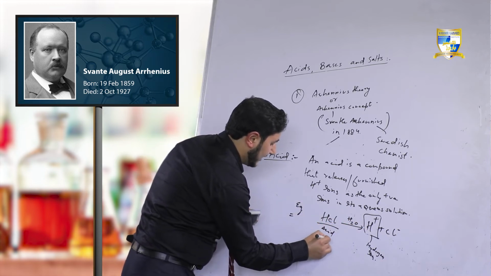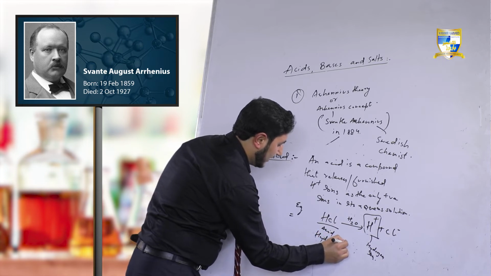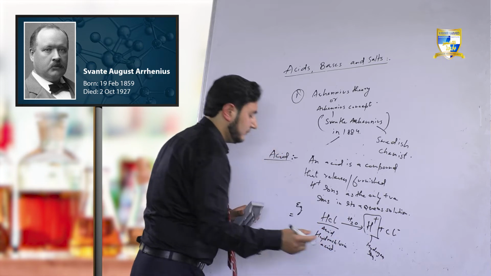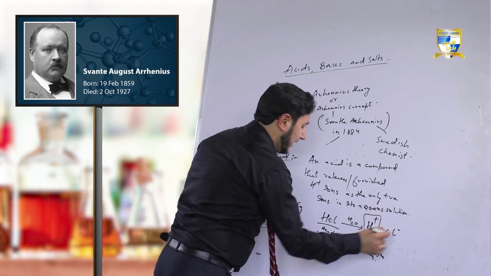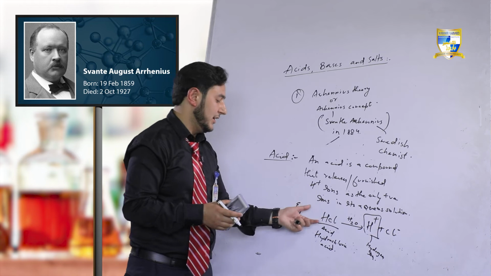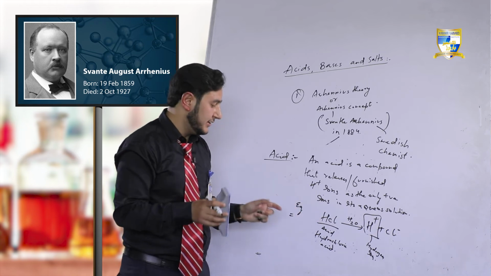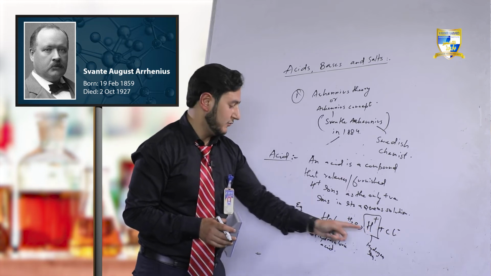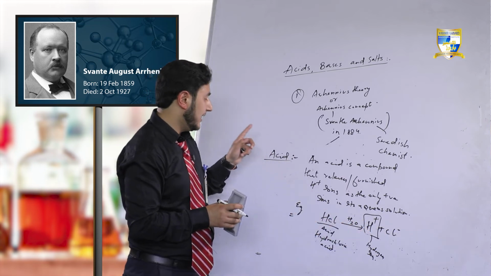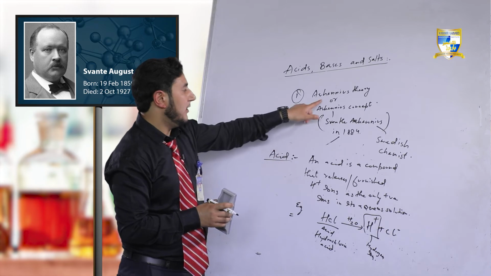It is called hydrochloric acid. This reaction is called dissociation of HCl. I ionized it, dissociated it into ions H positive and Cl negative. If I get H positive ion from a particular substance, then that substance is an acid according to Arrhenius.